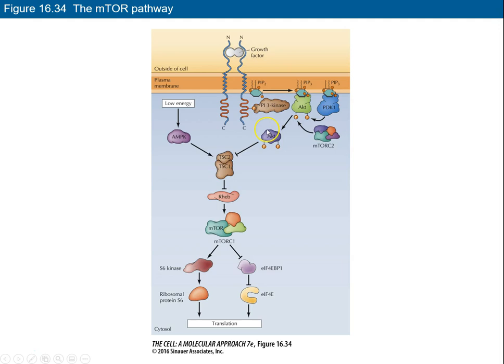That's why we said that a lot of these pathways and growth factor signaling are involved in the development of cancer. Cancer cells have increased cell proliferation, so they need the ability to increase translation and transcription in order to keep proliferating, and to be overactive.